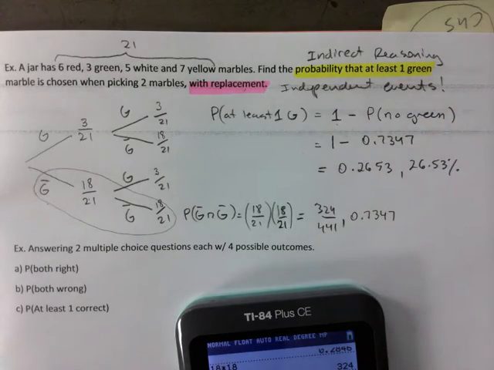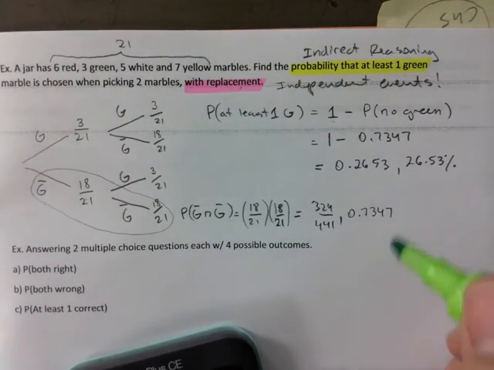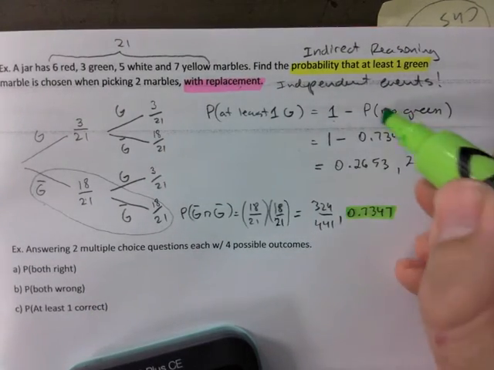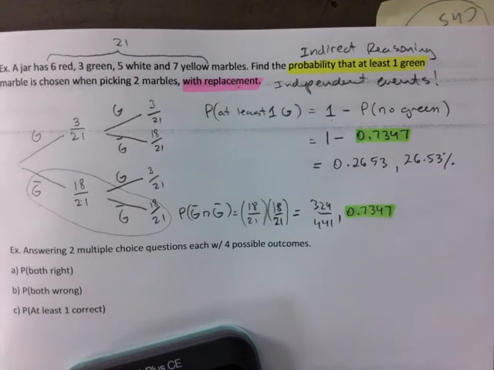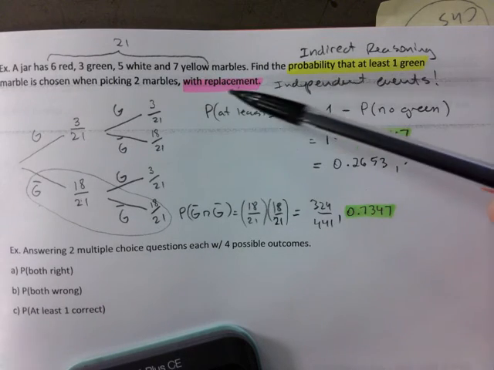Let's highlight a few things here. Green. So, right, I'm just going to show you that there's the probability of no green. I highlighted no green with green. It's kind of ironic, but anyways. Because what's the other way of doing this? Of at least one green, right?